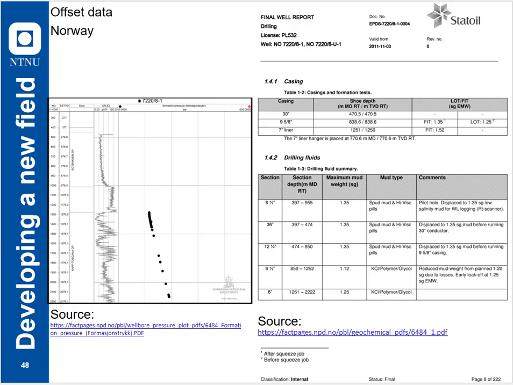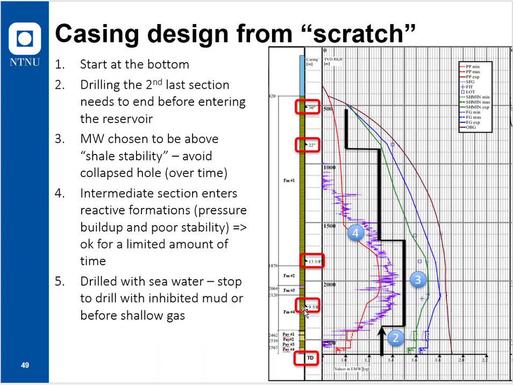All kinds of data. Yeah, casing design from scratch. You do that, of course, from the bottom up, given that the subsurface team are talking about a specific hole size through the reservoir, and of course, given the fact that they say you have to install a minimum tubing size for the production rates, so you start from the bottom.